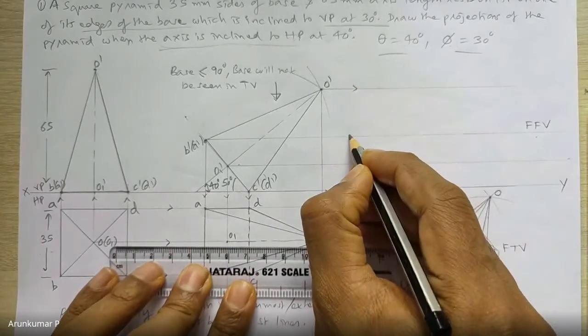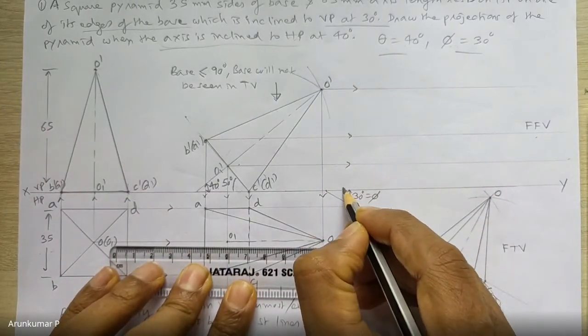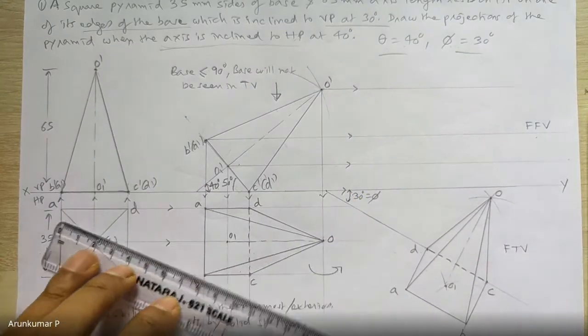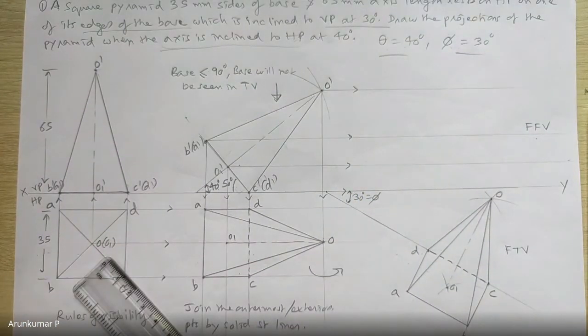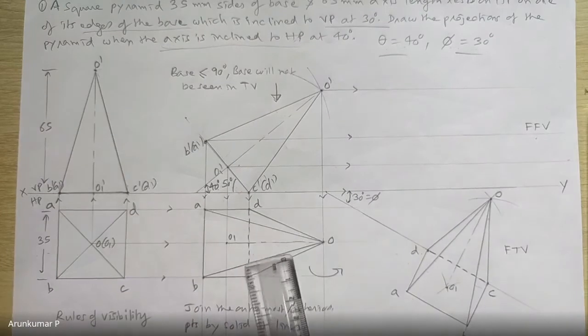So 1, 2, 3, fourth one is on XY line, so no need to draw that. So 4 horizontal projectors and 6 vertical projectors.